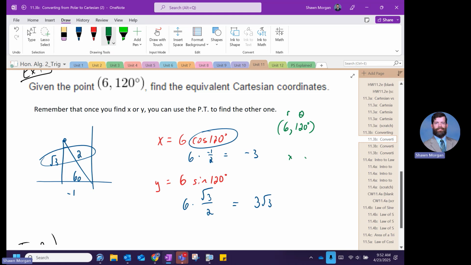And my x, y, which we just calculated, would be negative 3, 3 radical 3. And that makes sense, too, because if the radius is 6, that means I'm multiplying everything by that scale factor of 3. And that gets me to that spot. 3 radical 3 is my y value. Negative 3 is my x value, as BJ said, as we moved to the left. Easy enough?